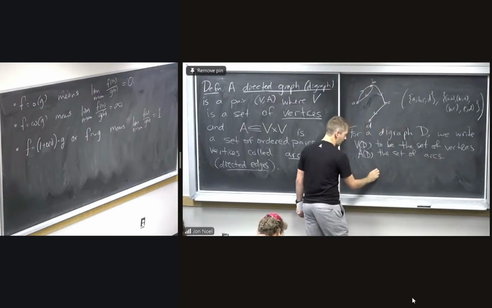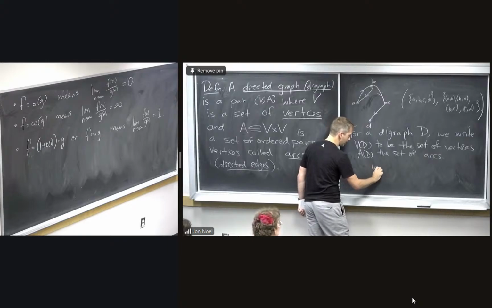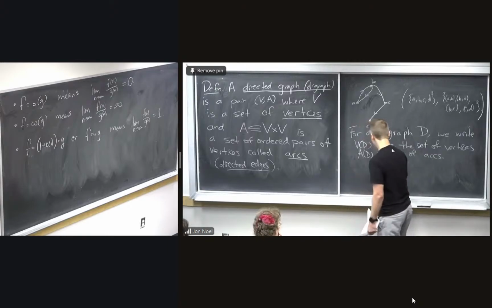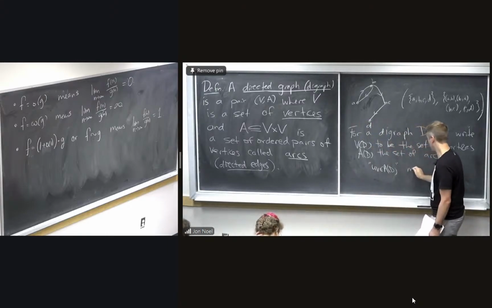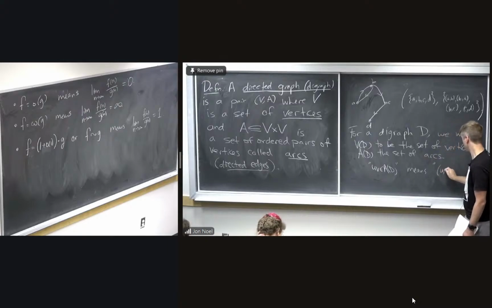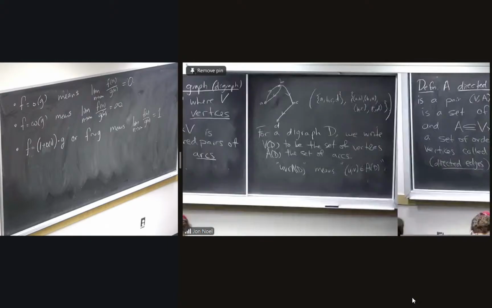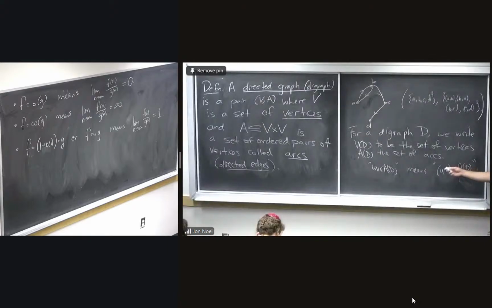And if I write UV is an element of A of D, an analogy with graph theory, so instead of writing the ordered pair U comma V in parentheses, I'll just write UV.